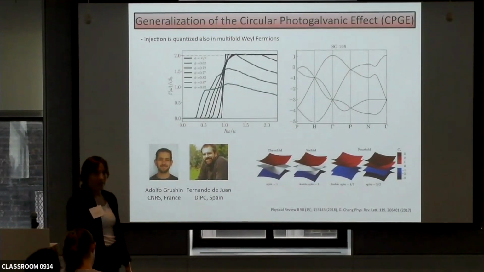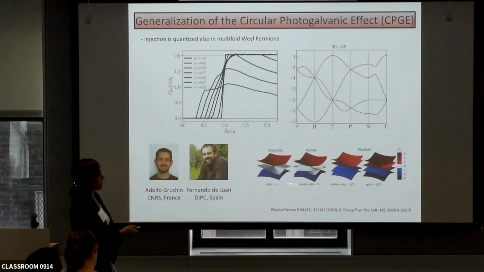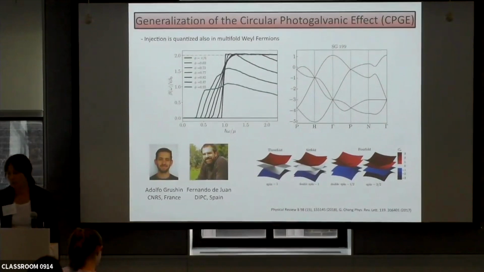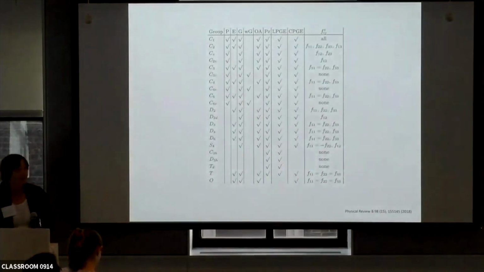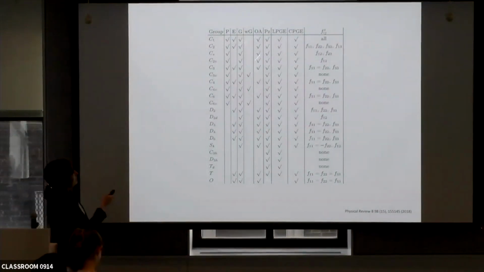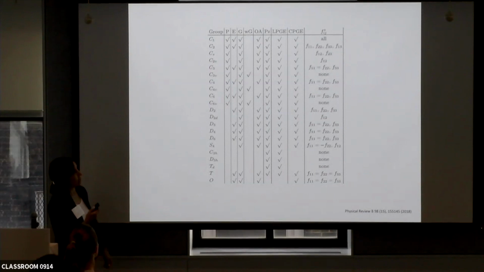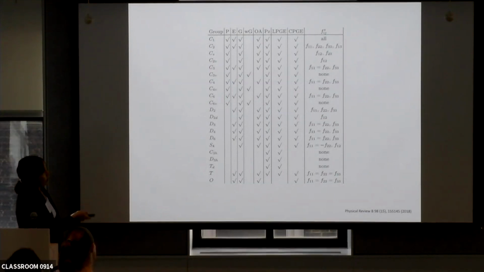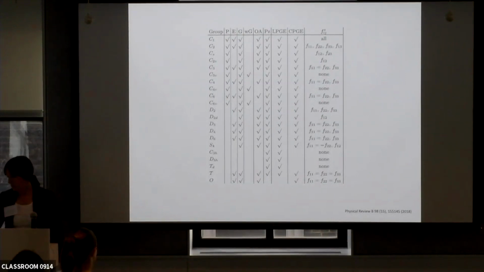high order nodal crossings. And in the same paper, we did, let's say, a deeper classification of the nodal crossings in the chiral space groups, and provided this table, where here are listed all the structures that can hold a non-diagonal matrix element in the CPG, and here the ones that one should find or measure.